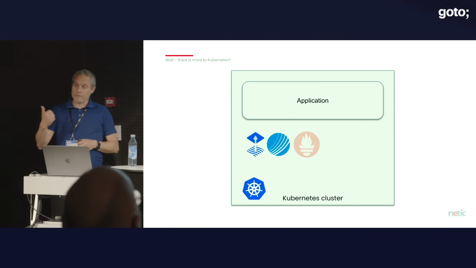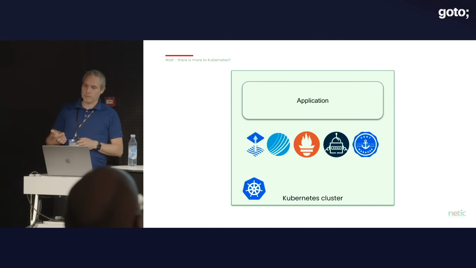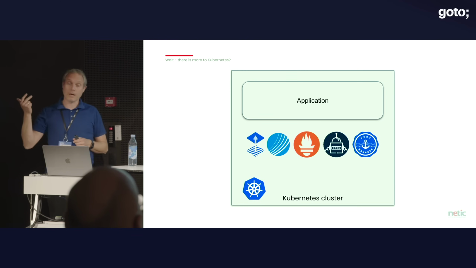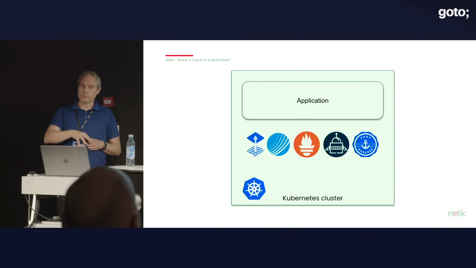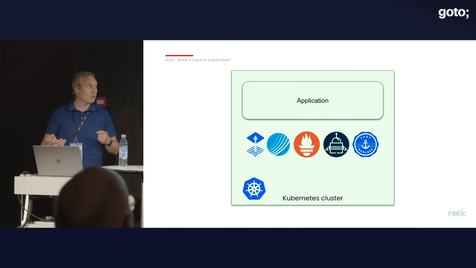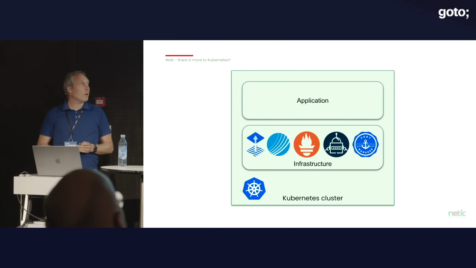We have to have an ingress controller. We might need something to pick up our metrics. We might want a cert manager to be able to handle certificates. We might want something like external secrets. And now we're talking GitOps, so we also want some kind of GitOps agent. In our case, we're using Flux. Another very popular component for doing that is Argo CD.